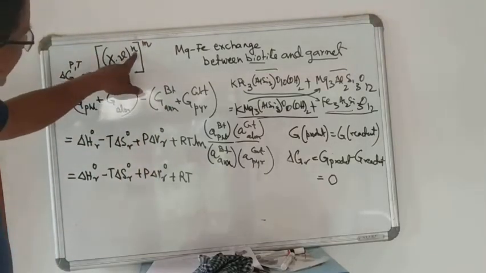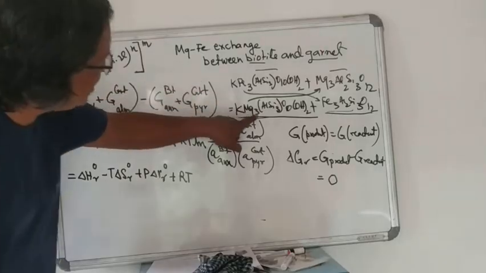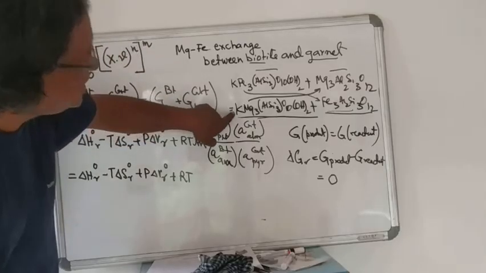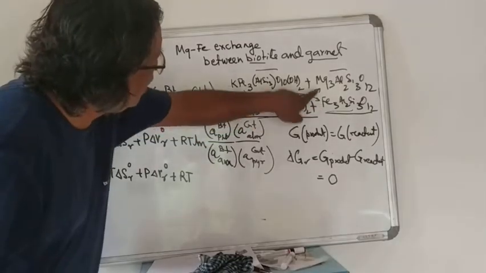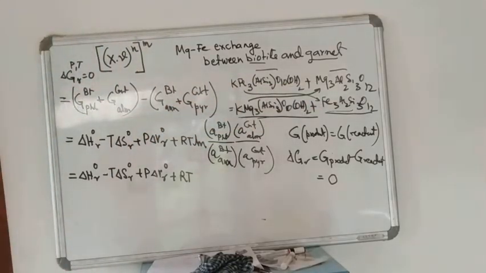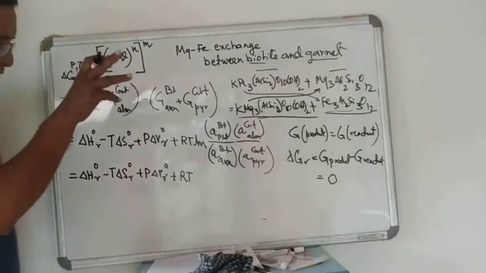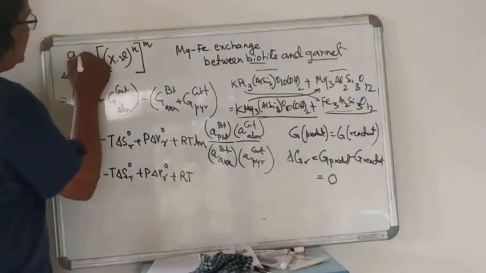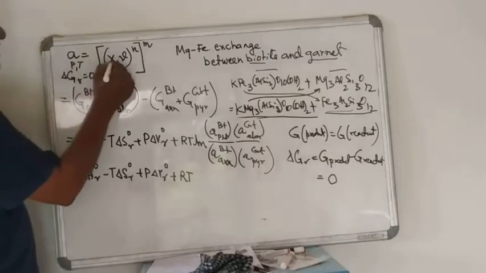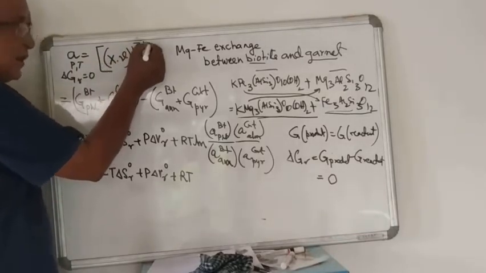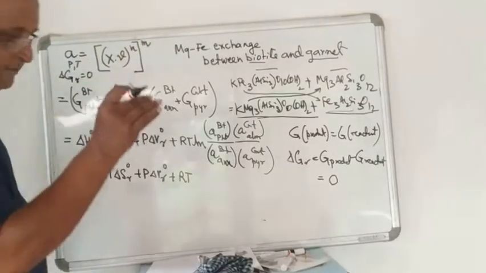What is this n? N is the number of sites. N is the stoichiometric coefficient, which is 1 in all cases. Have you understood? So what is important is that activity is equal to X into gamma to the power n. There is a theorem for this.